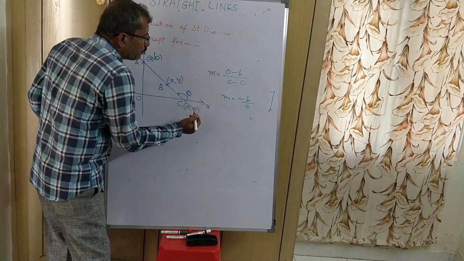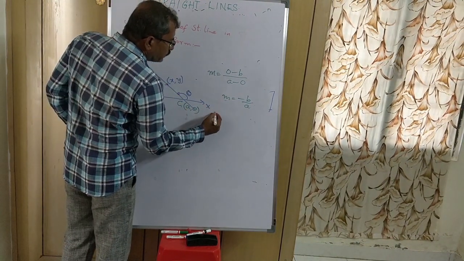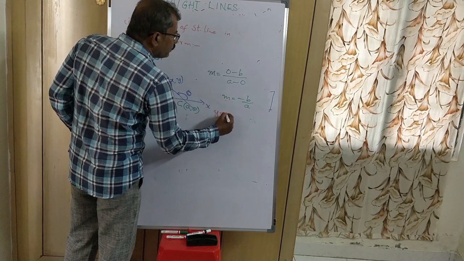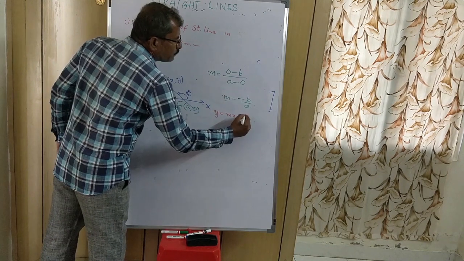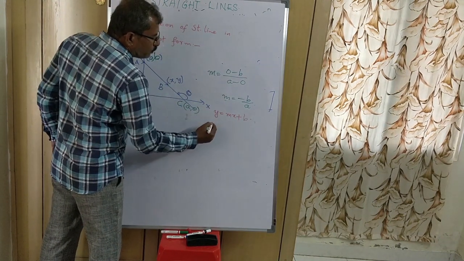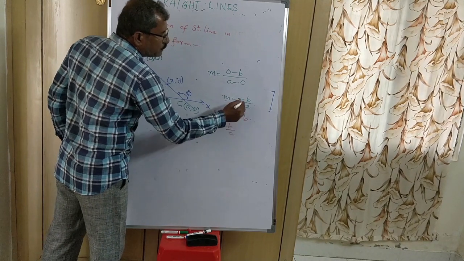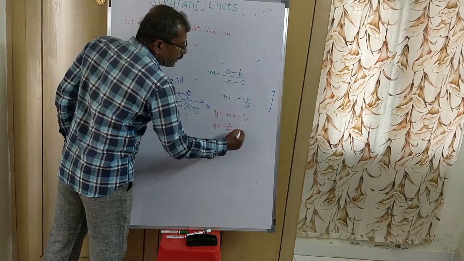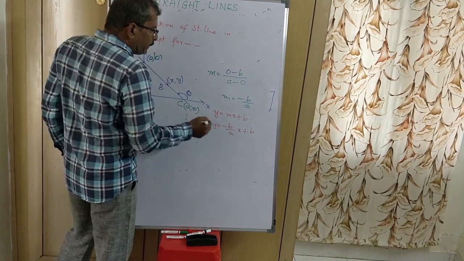Putting in the slope intercept form, y is equal to mx plus the y-intercept, which is b. So y is equal to minus b by a, this is m, into x plus b. Right?